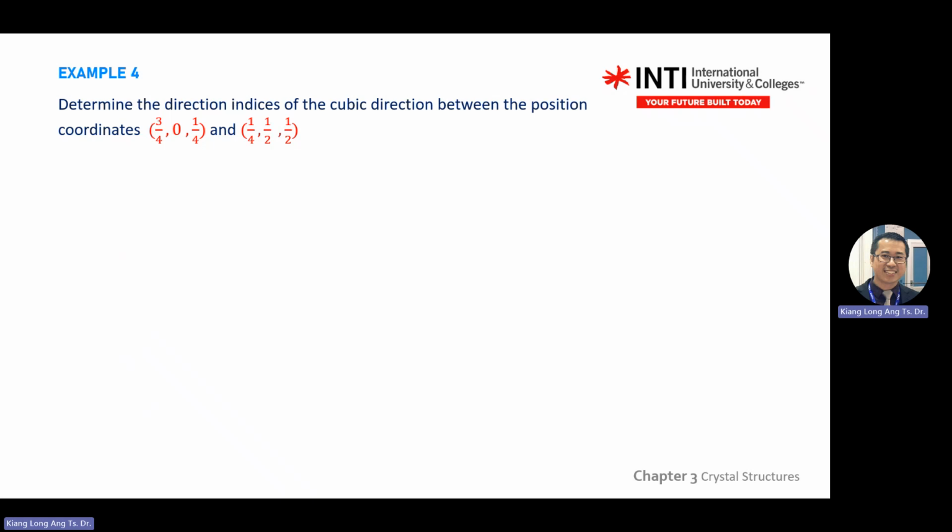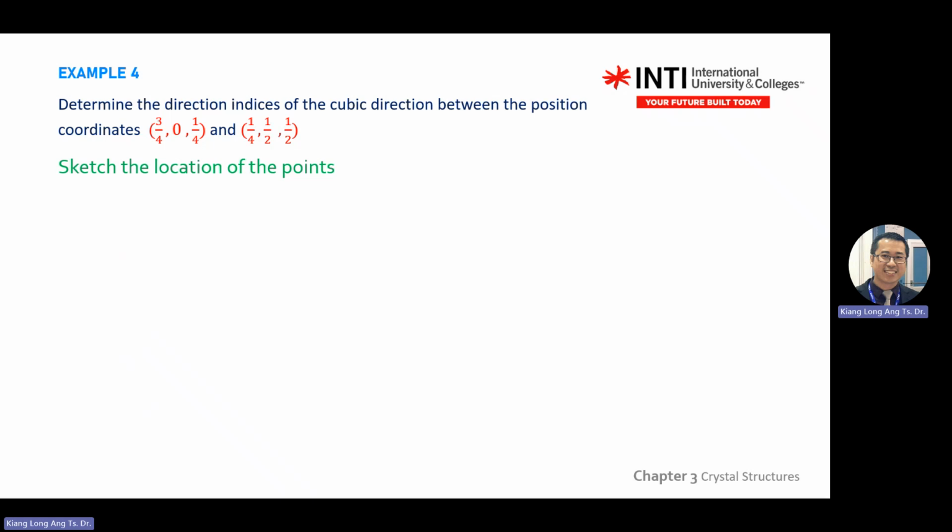In 2D you can find y equals mx plus c in Cartesian, but in 3D you are using vector representation.